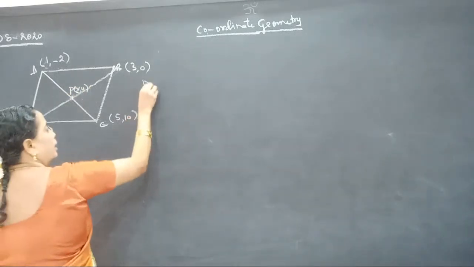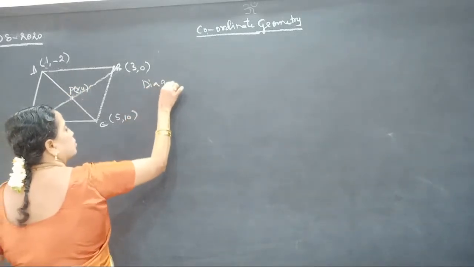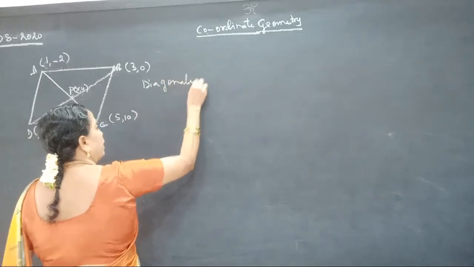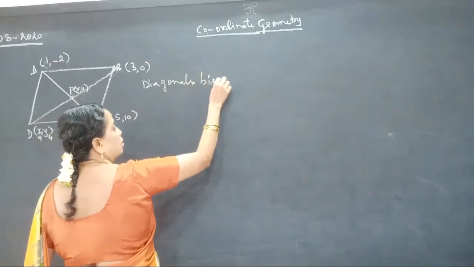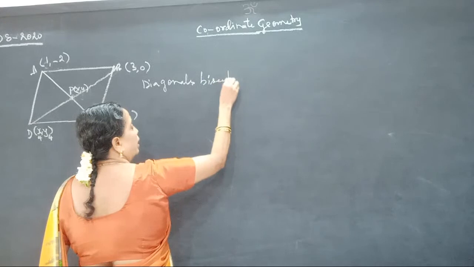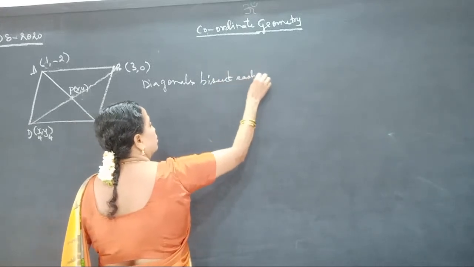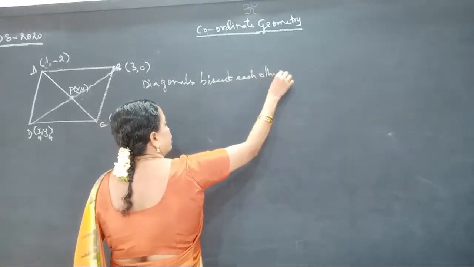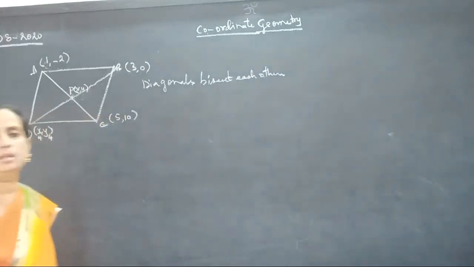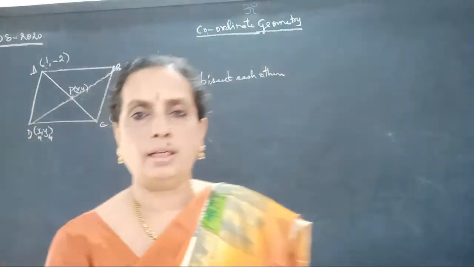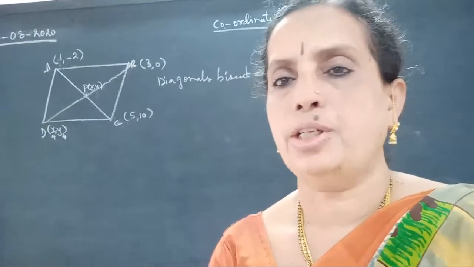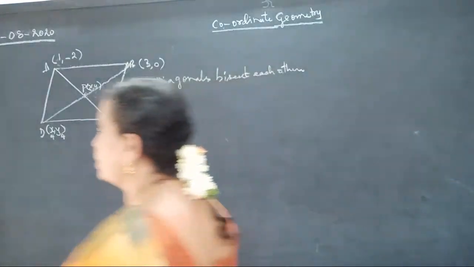Diagonals bisect each other. You have to mention the property, why we are considering that relation. The diagonals bisect each other.